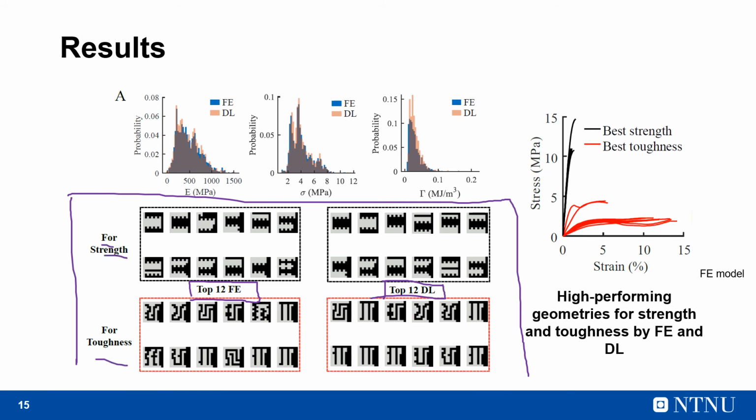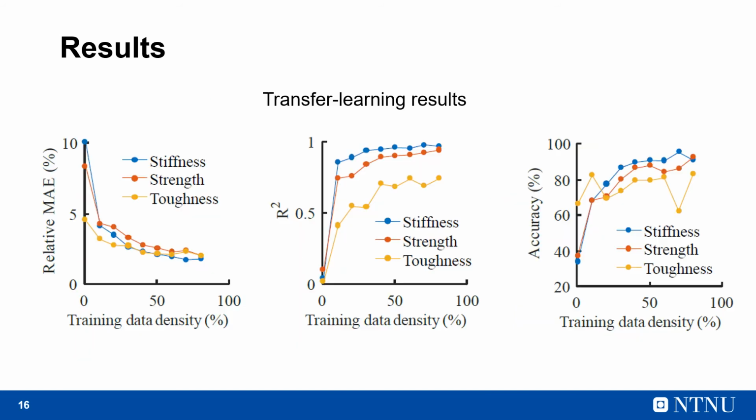As you can see here from the first row, comparing the finite element results and deep learning results, we see that the deep learning model could predict the pattern in the geometries that allow for high strength. And the same occurred for the toughness. As you can see here, the deep learning model predicted an analogous pattern in the geometries.